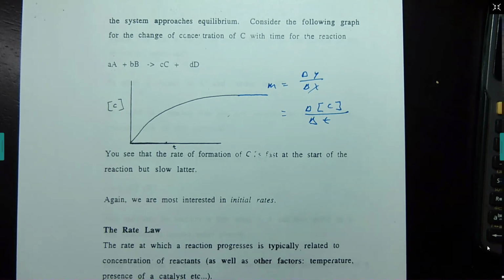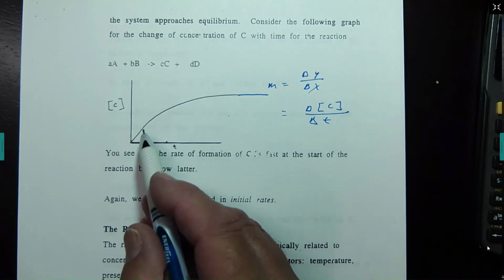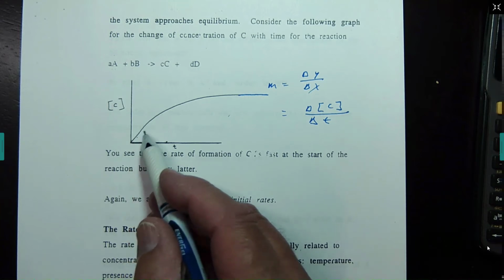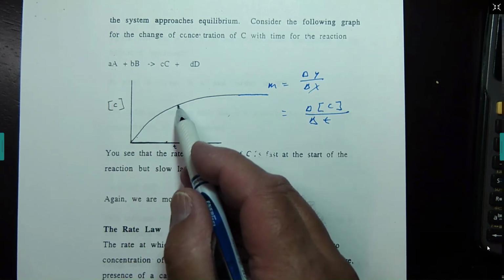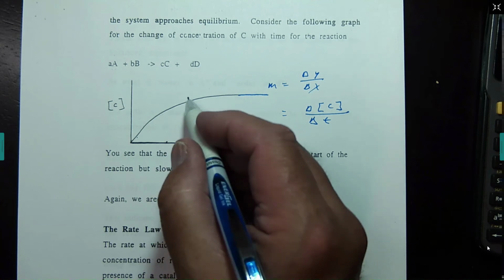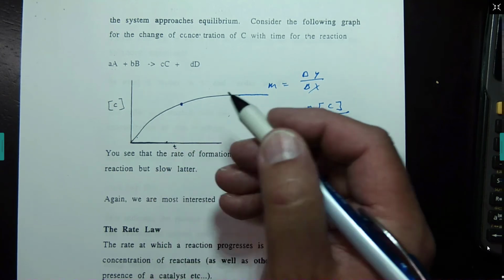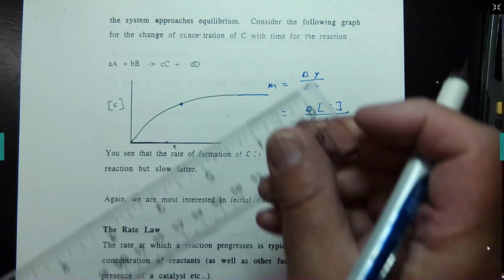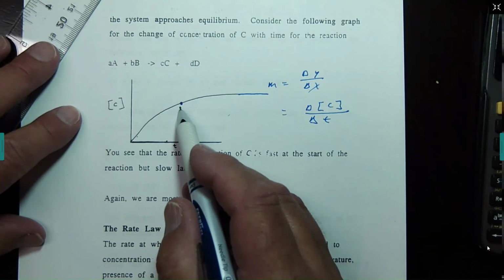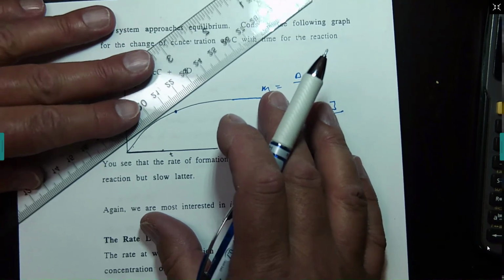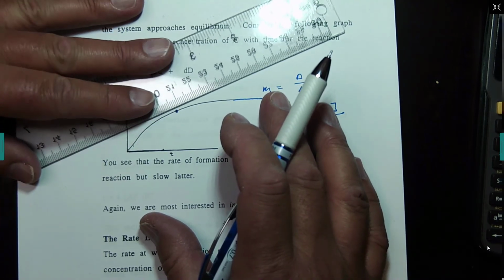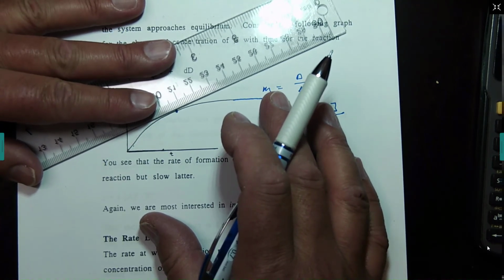For what it's worth, your book will occasionally talk about an instantaneous rate. Like I mentioned, the rate initially is different than the rate later in time. If you had to find the rate of the reaction at this point in time, right here, it's the slope of the curve taken at a single point, which might seem odd if you haven't taken calculus, but it's essentially the tangent there.